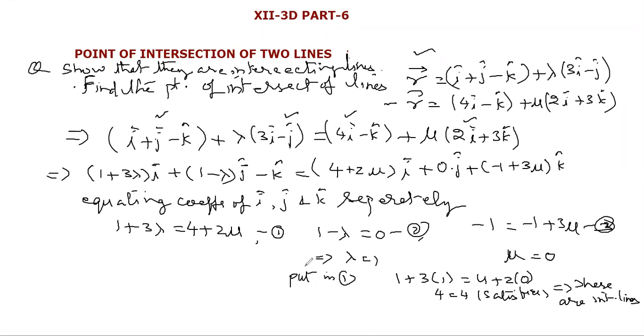Now, point of intersection. What will be the point of intersection? In the first equation, we will put lambda is equal to 1.